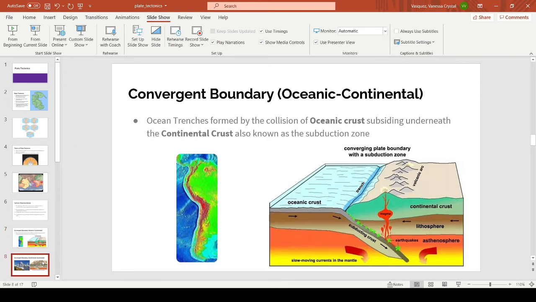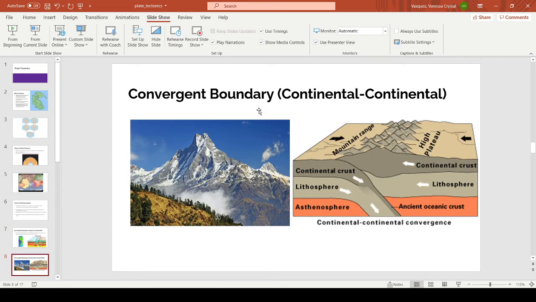And next we have the convergent boundary for continental with continental. When a continental crust collides into another continental crust, they will build up the material of the crust together and form huge mountain ranges. The reason for that is because the continental crust is less dense and very thick, so there's no subduction occurring.